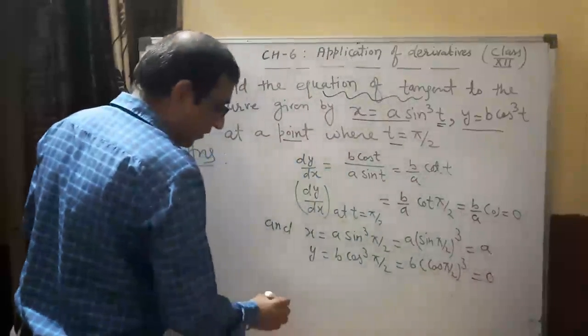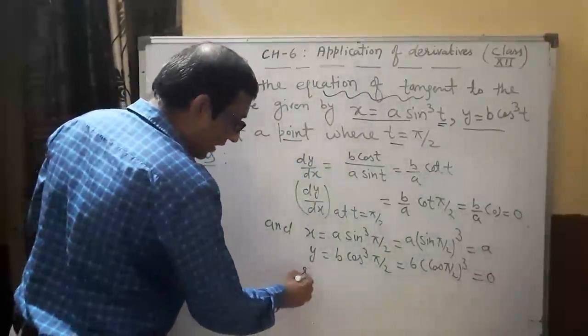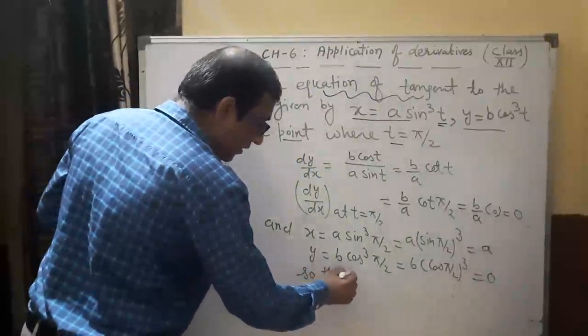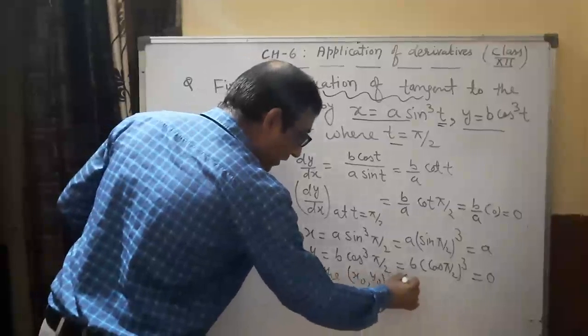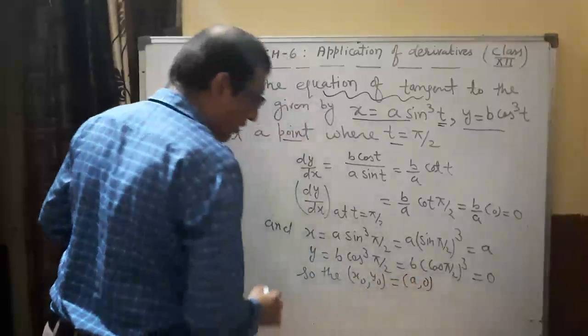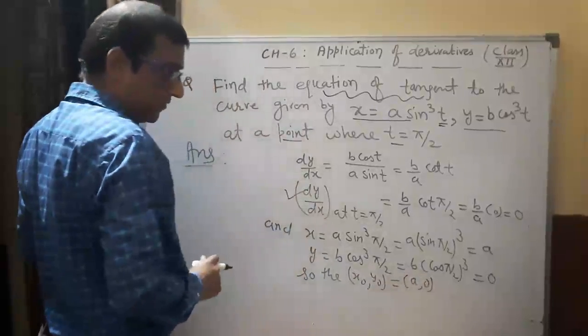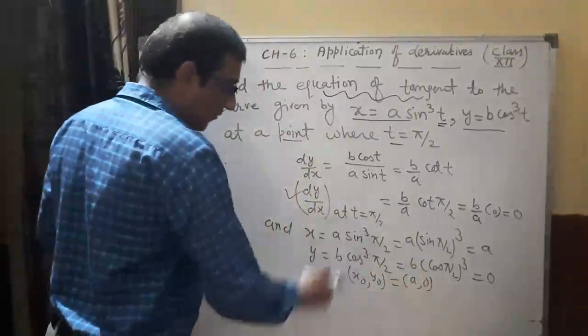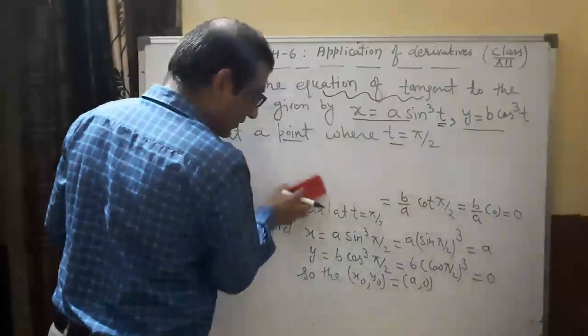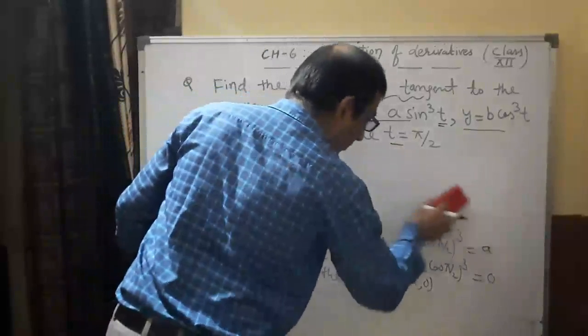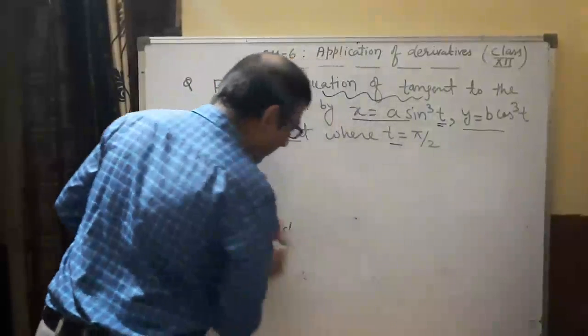It means the point is a comma 0. So this is the differentiation, or you can say slope, and this is the point. So put all these values in equation number first.